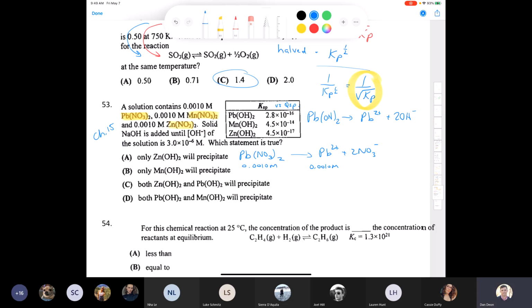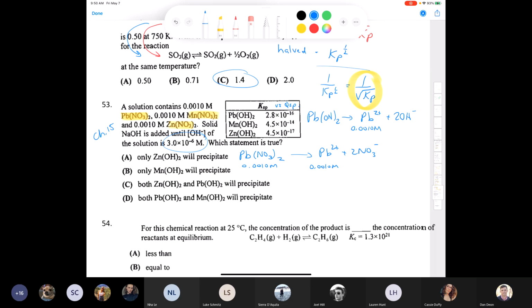We know the concentration of the lead is 0.0010 molar. We know the concentration of the hydroxide. It's 3.0 times 10 to the -6. And I have twice that concentration. So if I take, I'm just taking my calculator here, if I take 3 times 10 to the -6, multiply it by 2, then I square it.